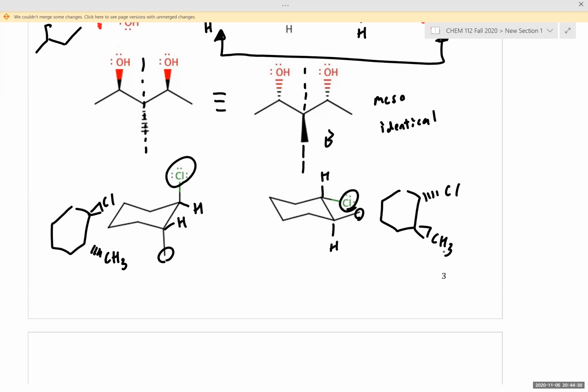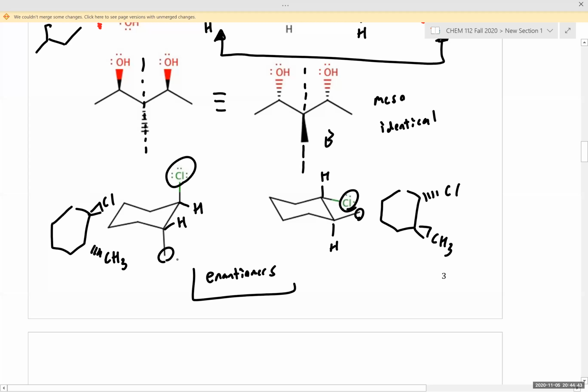Opposite. So what will we call that then? What will we call this pair of compounds? Enantiomers, exactly right. Does that make sense to everyone? Perfect, perfect.